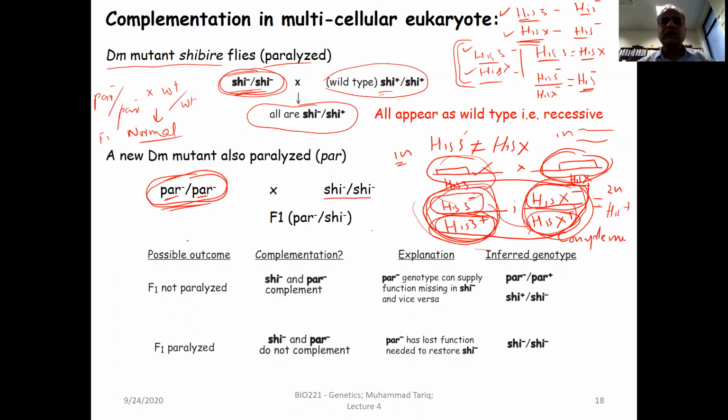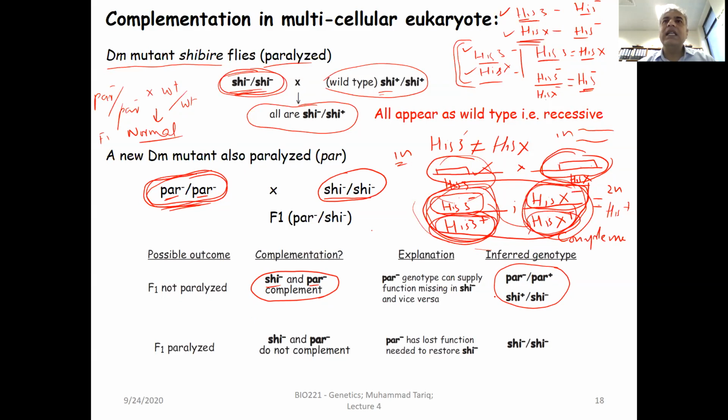Now they crossed paralyzed homozygous recessive with Shibere homozygous recessive, and there are two possibilities. In one, let's say Shibere and paralyzed complement each other. What is your conclusion? It means Shibere and paralyzed are mutations in independent genes.